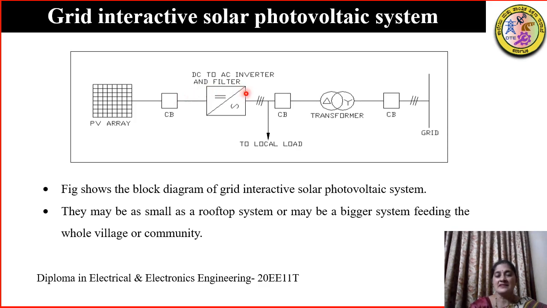Now, once the DC is converted to AC, whatever load is to be supplied is fed, and then the excess power is sent to the grid via a transformer. The system may be a small system or maybe a big system. A small system can be a rooftop system, while a bigger system can feed a whole village or a community.